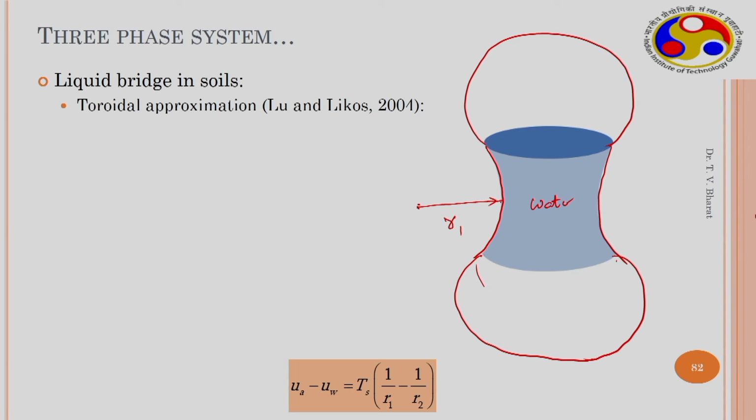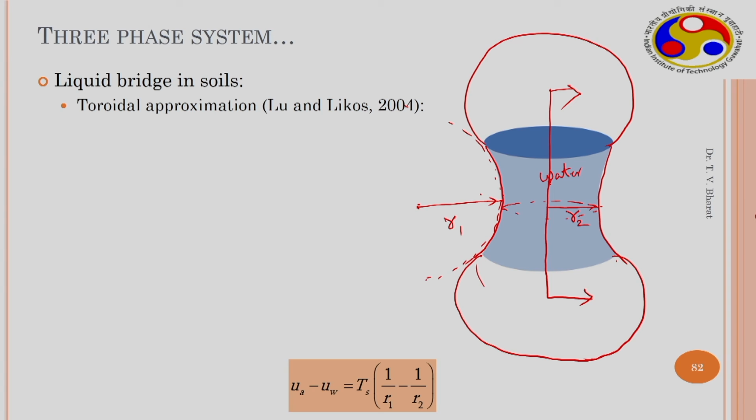There is an interface that forms, and this radius of curvature changes in this direction. If you consider a plane along this plane, this appears as if it's a horse saddle, the radius that changes along this plane. That is along this one, R2. So in this particular case R2 is convex and R1 is concave.